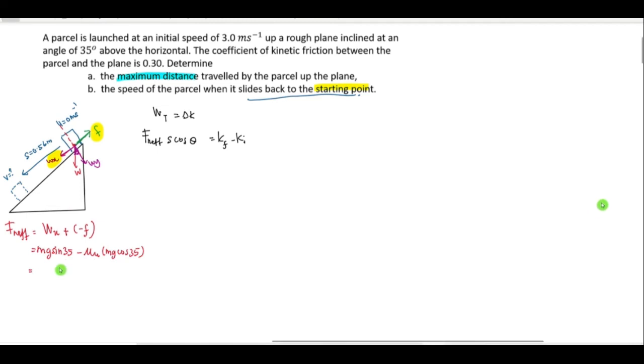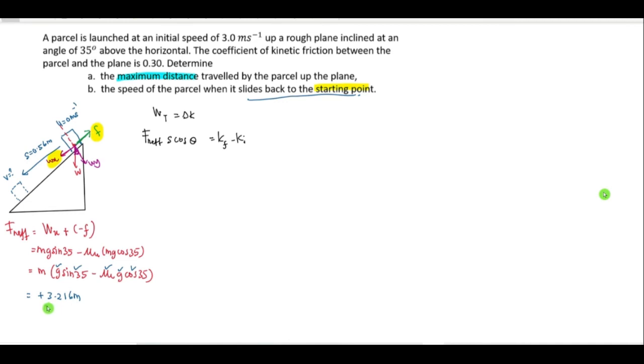So kita tak ada nilai m, saya factorizekan dulu m. So g sin 35 minus mu k g cos 35. Okay, so semua nilai ni dah ada, g dah ada, sin dah ada, semua ni dah ada. So we can substitute the values. So you akan dapat nilai F net adalah positif 3.216 m.